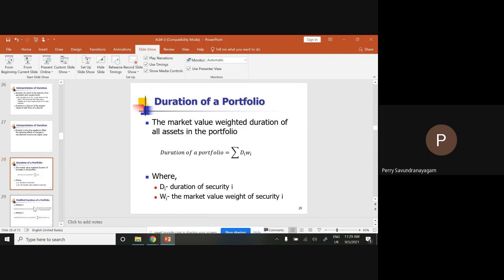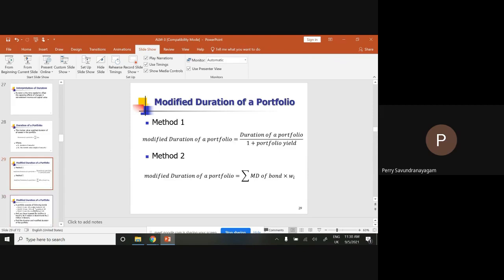So how do you do that? You take the sum of the duration of all the securities you have and the market weighted average value of all those securities, and come up with what the portfolio duration looks like. So you take the same thing, duration of the portfolio divided by 1 over the portfolio yield.